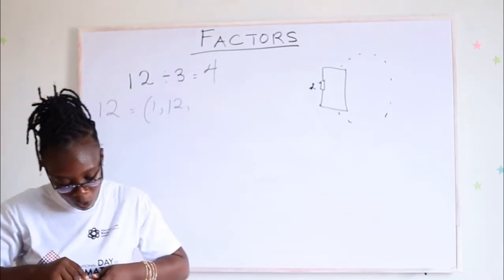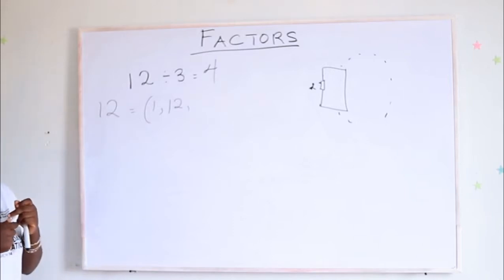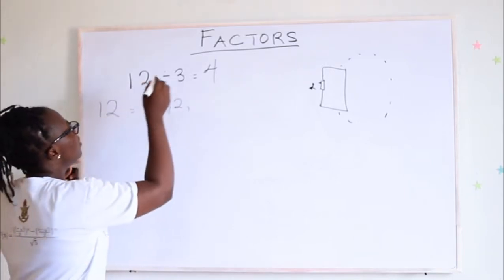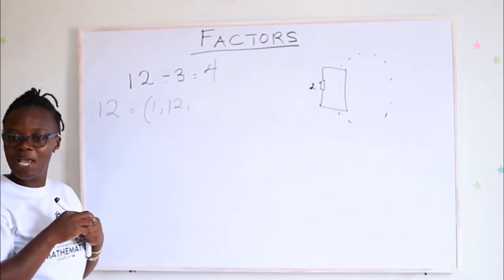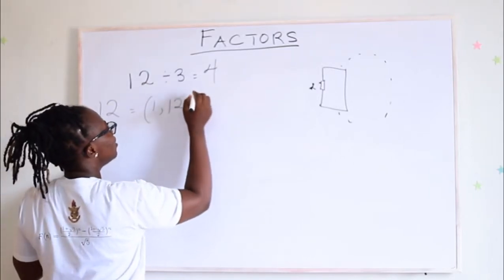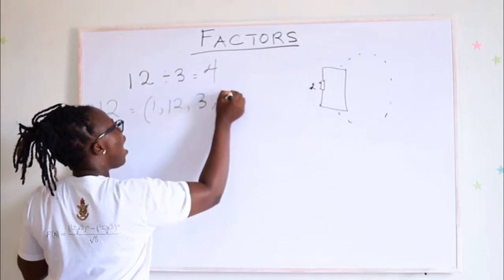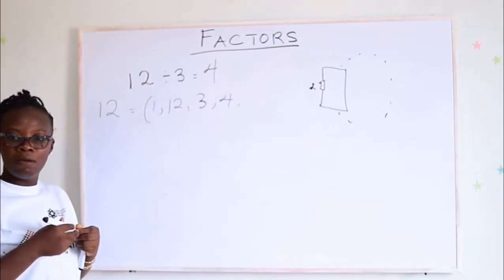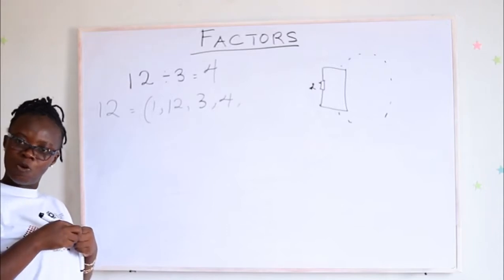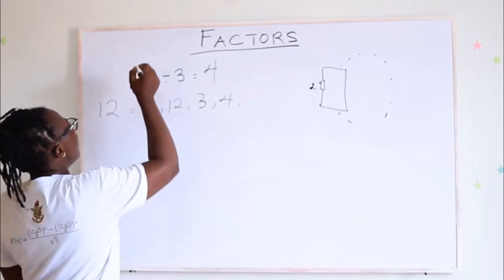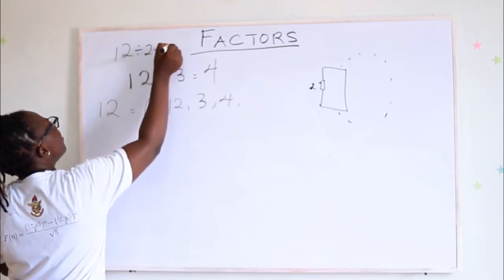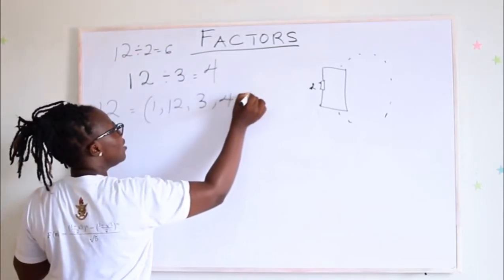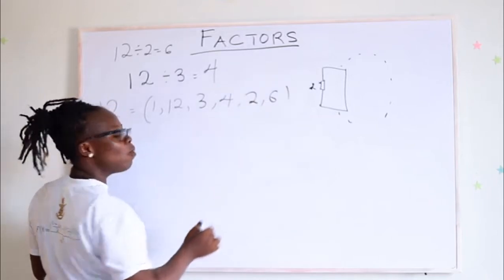Then let's look for another number, which is 3. When 3 divided 12 exactly, we had 4. It means that 3 and 4 are also factors. Let's look at 2. If I take 12 divided by 2, I get 6. It means that 2 and 6 are also factors.